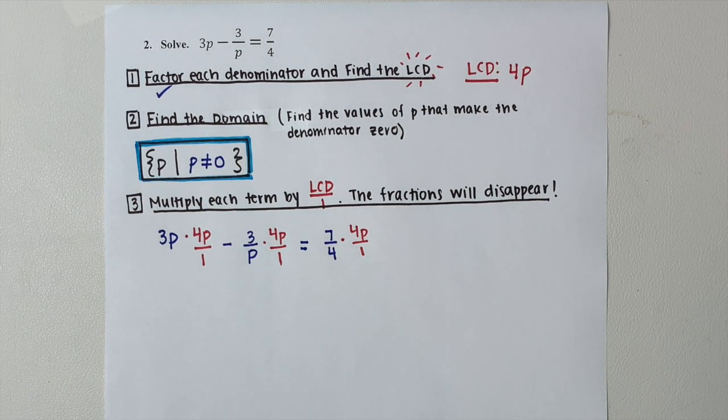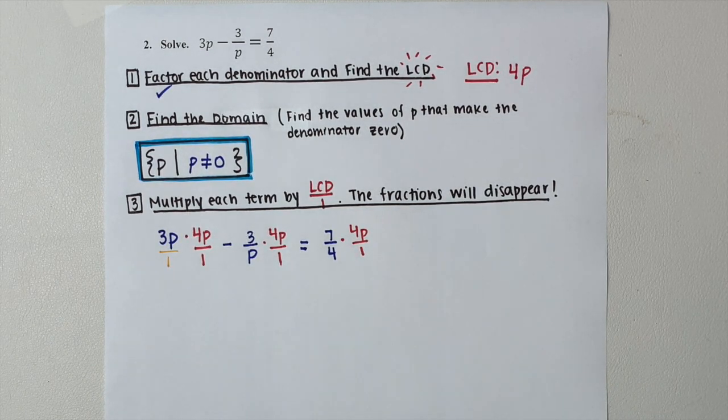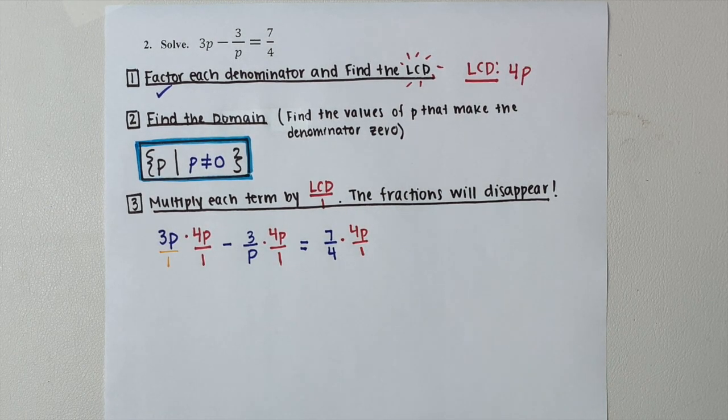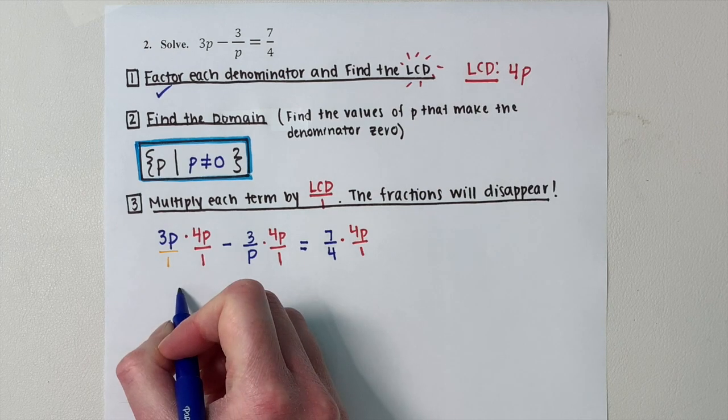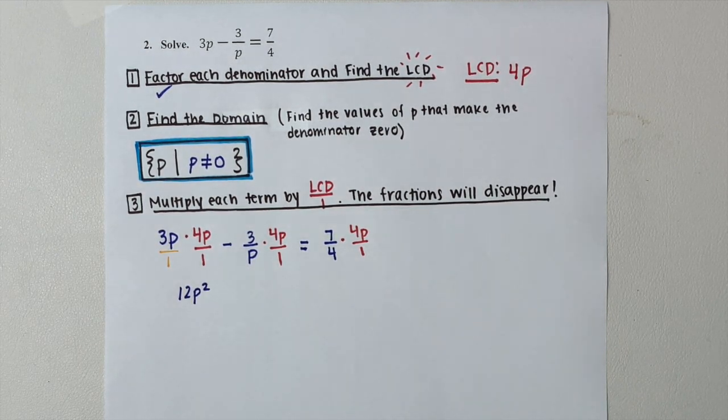Now let's do the canceling. If it helps, we could write this as 3p over 1. And we see there's nothing to cancel since we only have 1 in the denominator. So to multiply this out, 3p times 4p will give us 12p squared, and we just have 1 in the denominator, so we don't need to write it.